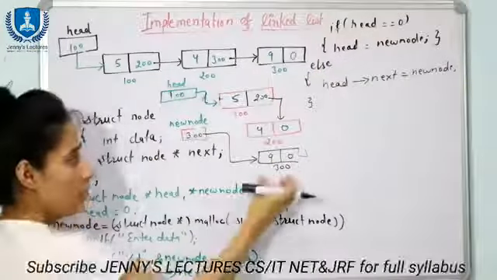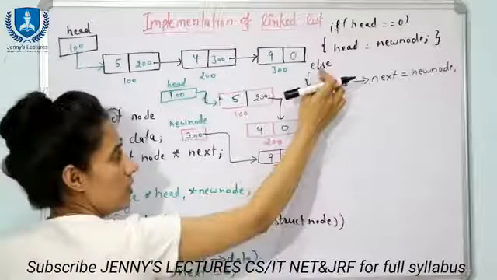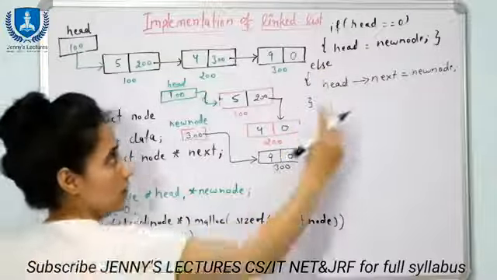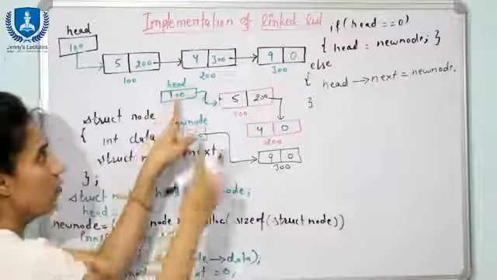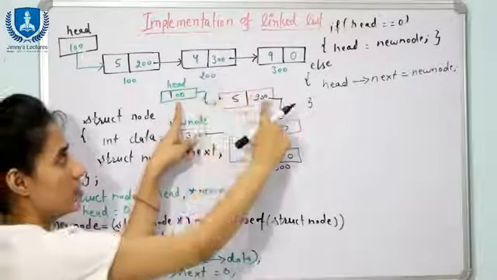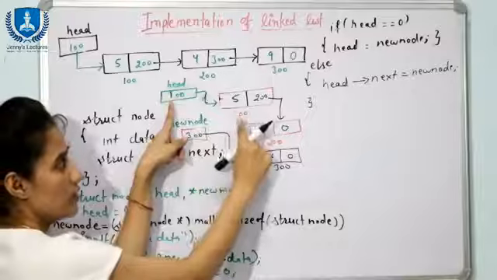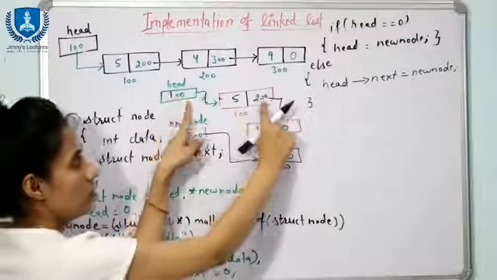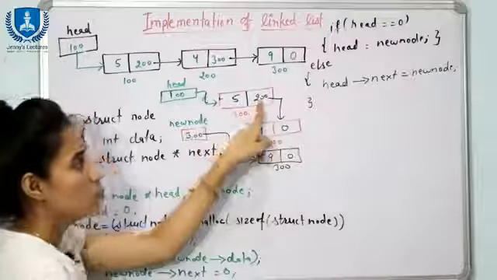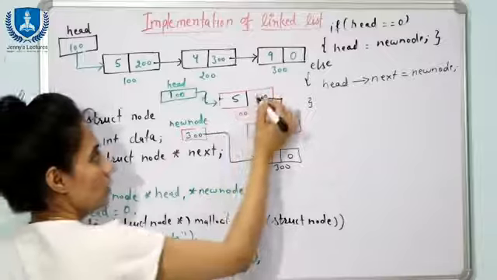Now how are we going to insert this newly created node after this? In the else part, whatever you have written, see, head next is equal to new node. Now head next is what? This one, because this head pointer is having 100, so we can access this. This is the pointer to this node. So head next means this one. So here we are going to store new node, which contains 300.